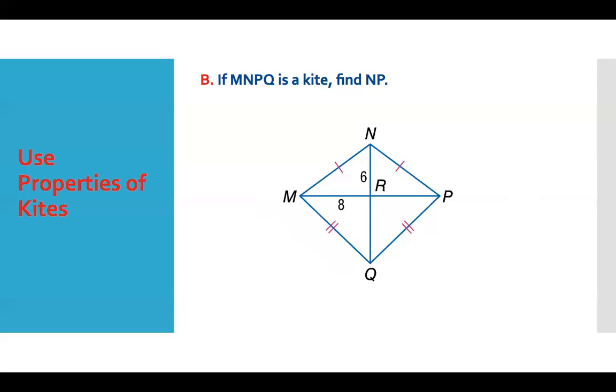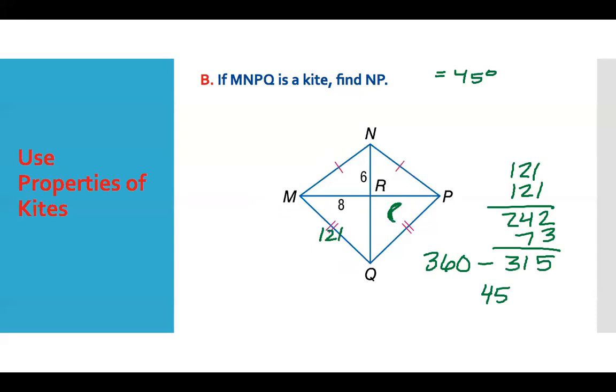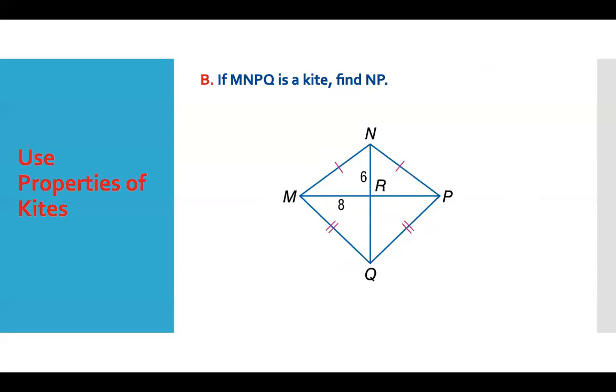It says that it's a kite, and they want us to find NP, which is this side right here. So how can we find NP?